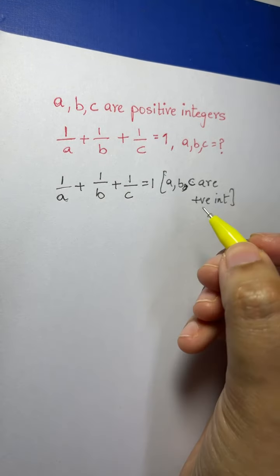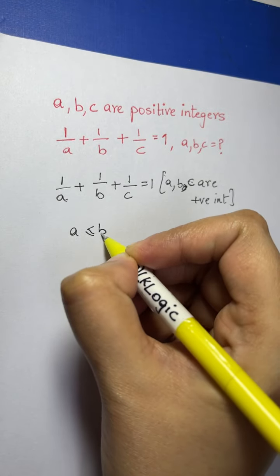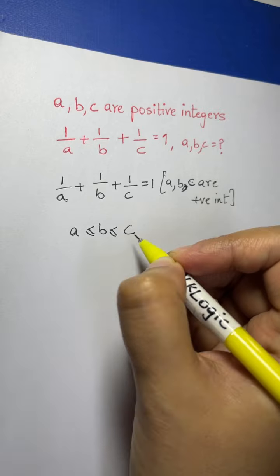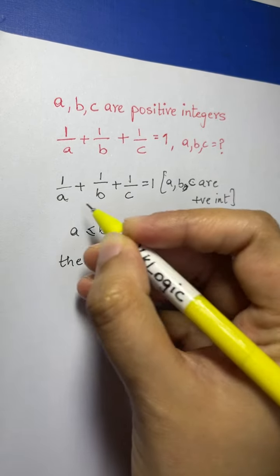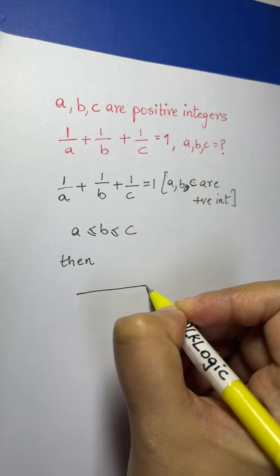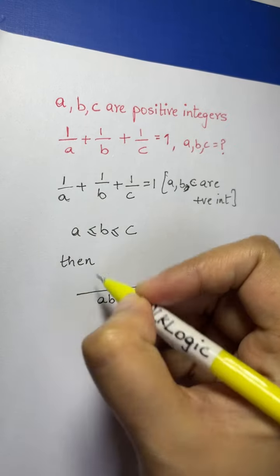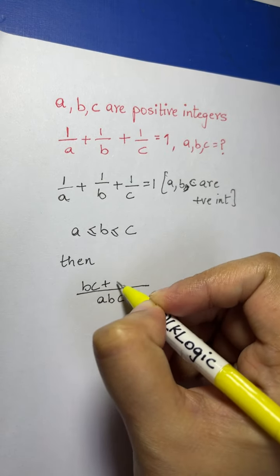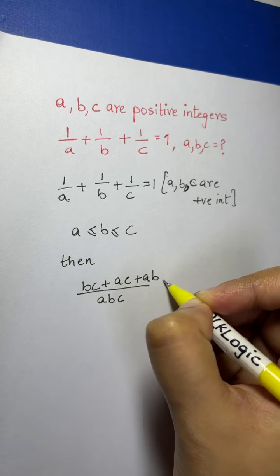Now suppose we take a less than or equal to b less than or equal to c. If a is less than or equal to b is less than or equal to c, then what do we have? We take the LCM. Our LCM will be abc, and you have bc plus ac plus ab equals 1.